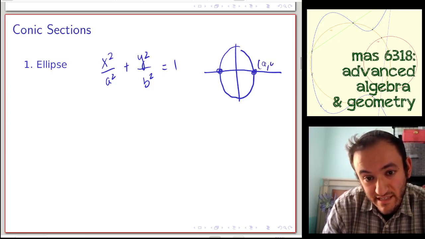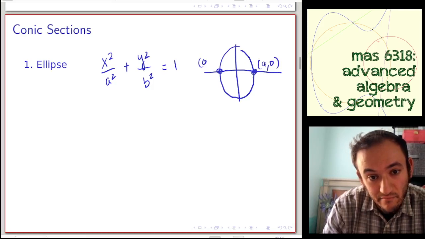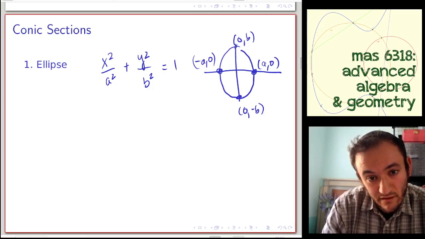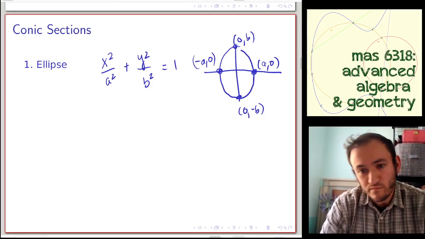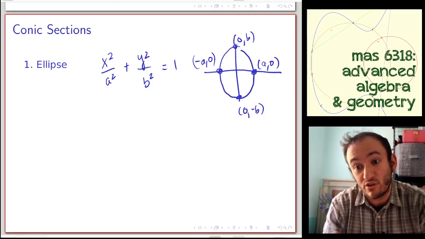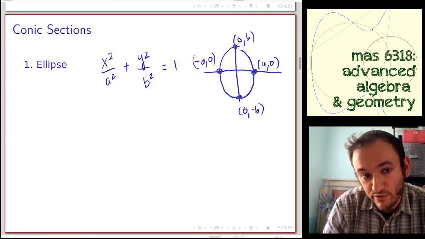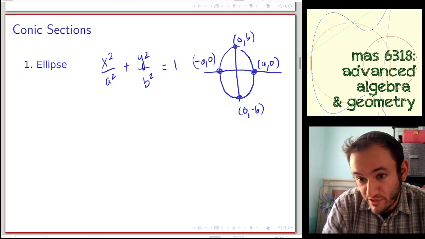You've got the points (a, 0), (−a, 0), and along the y-axis you get (0, b) and (0, −b). We often think of this as a stretched out circle. You can see this includes just terms of degree 2 or 0.